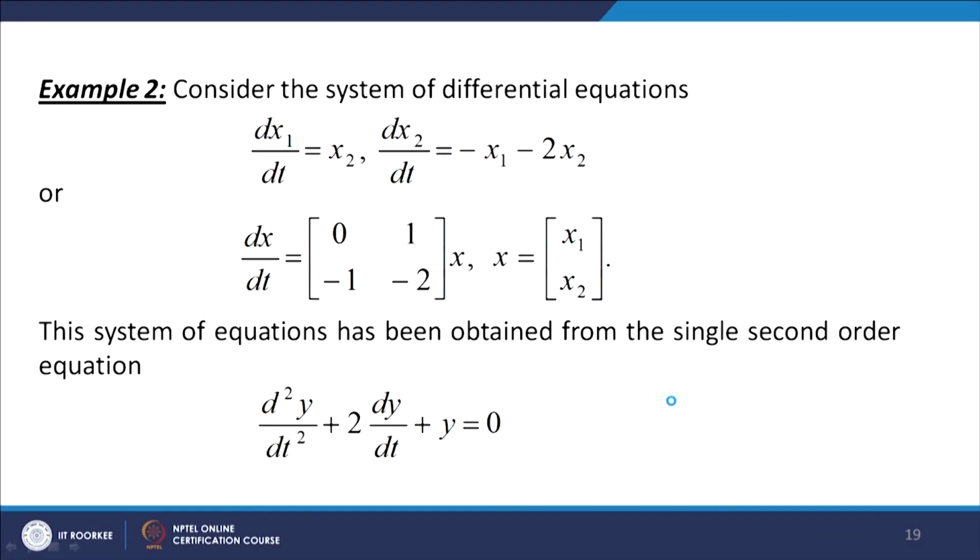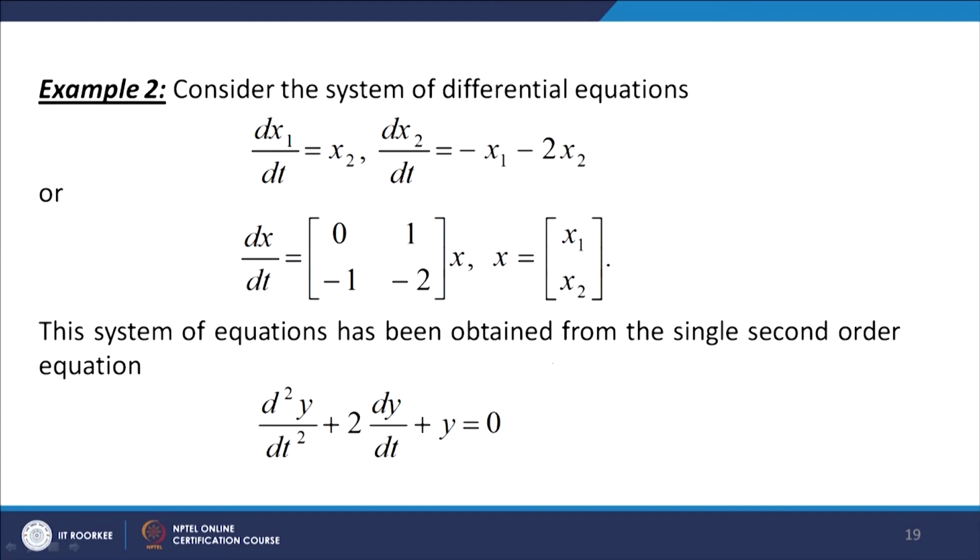You can see we can write this in the vector differential equation form dx by dt equal to Ax. Now, coefficient of x1 is 0 here. So, 0, coefficient of x2 is 1 and then here coefficient of x1 is minus 1, coefficient of x2 is minus 2. So, the matrix A is 0 1 minus 1 minus 2.